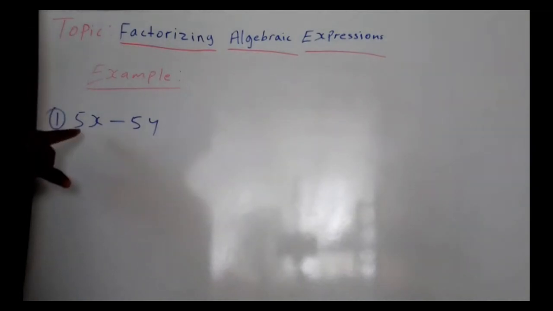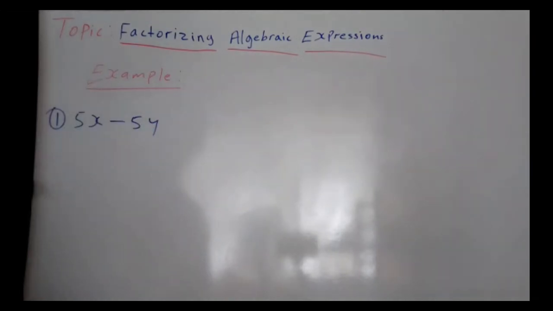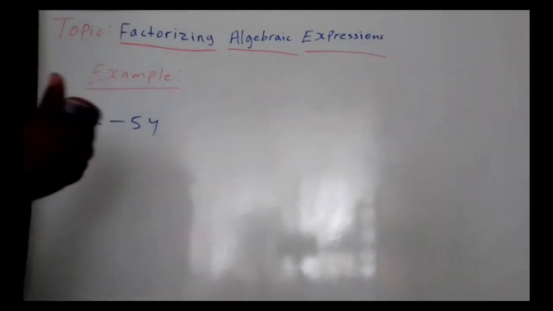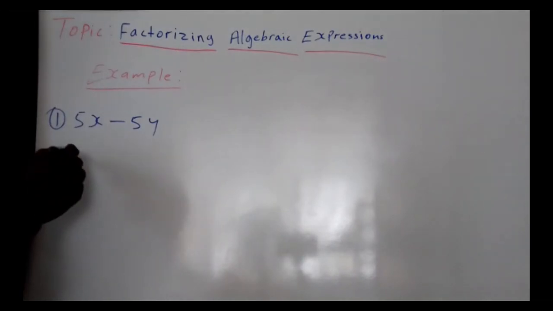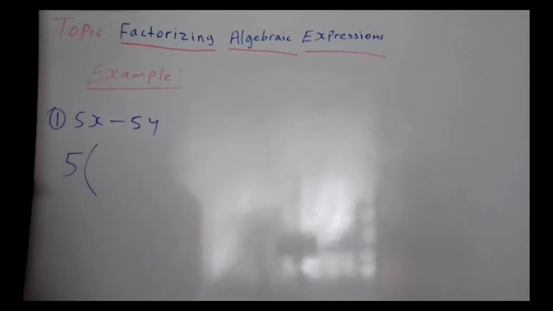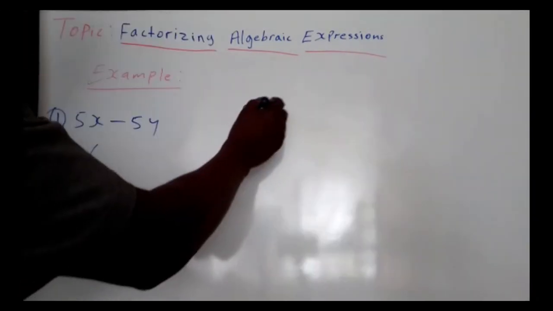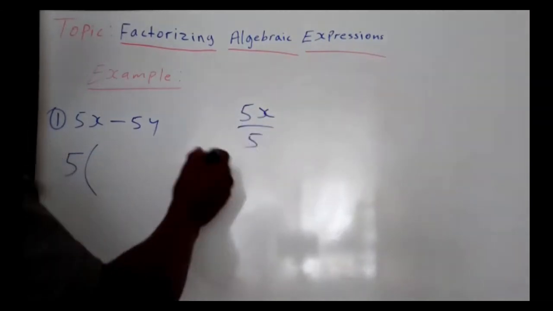So the first term has a 5 and the second term has a 5. Therefore, 5 is common, so I can write 5 here and a bracket. But for rough work, 5x divided by 5.